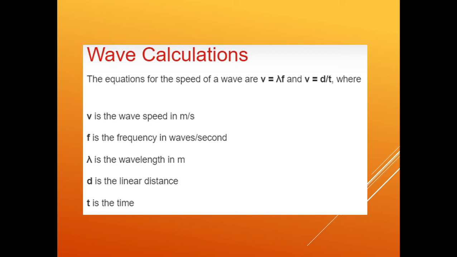We also have f, which is the frequency in waves divided by seconds. We have this symbol that reminds us of a letter A, or a triangle, which is the wavelength in meters. We have d, the linear distance, and t, the time. One more time, keep track of this important information in your Word document so you can solve the problems easily later on.